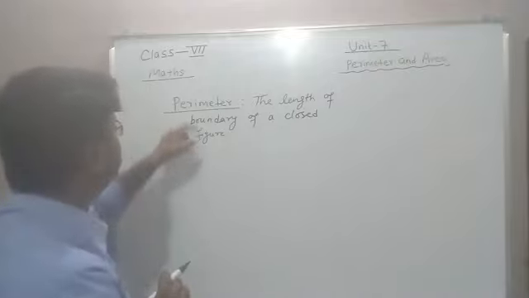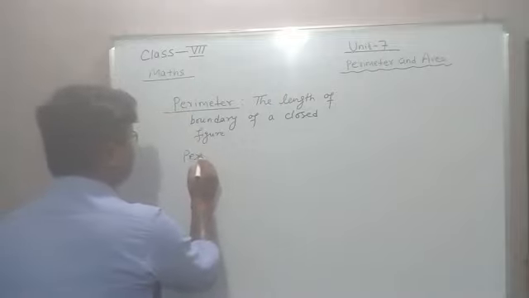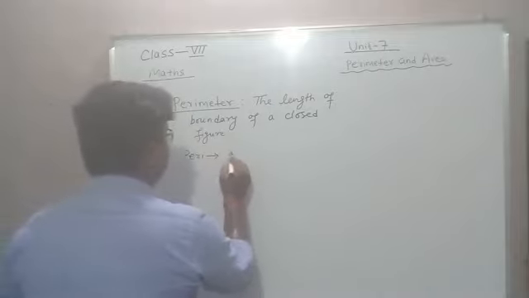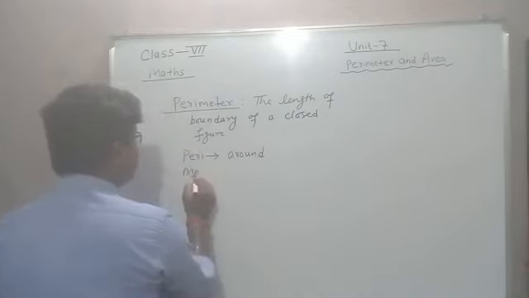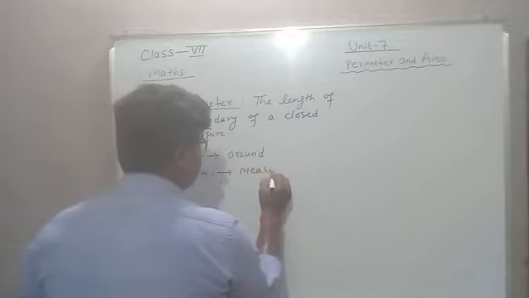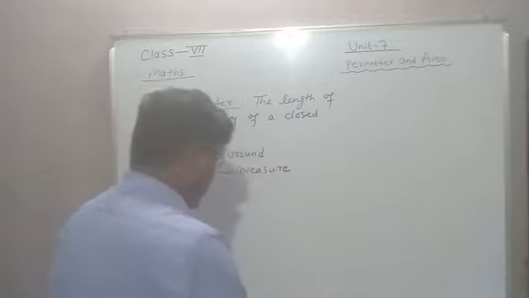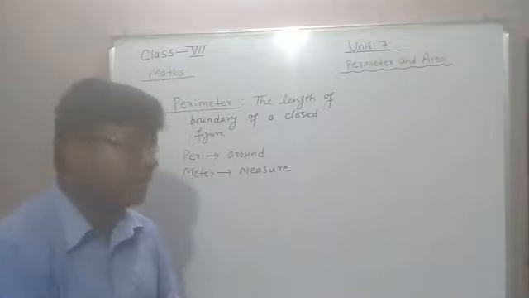In the Greek word, peri means around, and meter means measure.